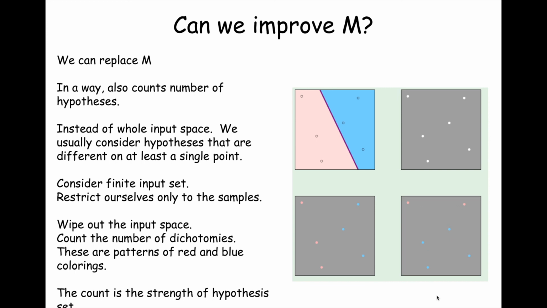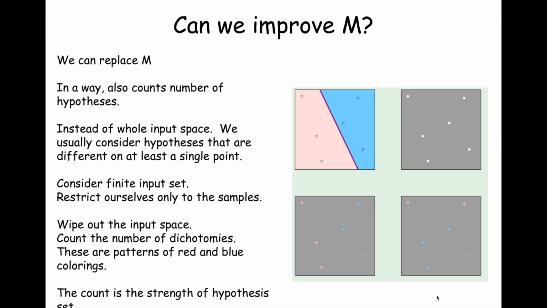And the blue region is the +1 labeled output by that hypothesis. And so here, this purple line is our two-dimensional hypothesis, the line on the plane, so it's a linear hypothesis. And so these 3 points here in the pink shaded region, those are labeled -1 by the hypothesis. And then the 3 points in the blue shaded region, those are labeled +1 by the hypothesis.